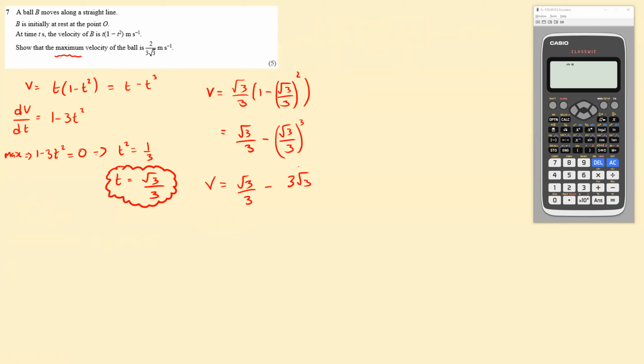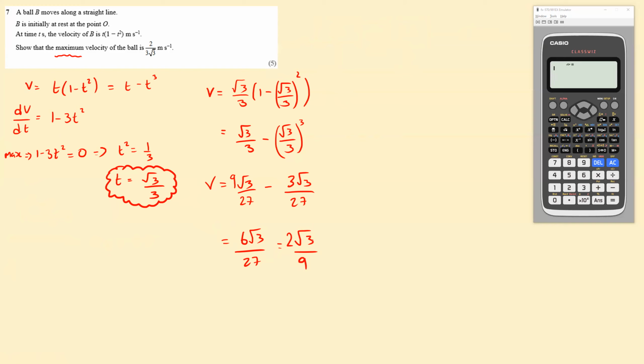Root 3 squared is 3, and we've still got the extra root 3, divided by 3 cubed, which is 27. So I'm going to change this to a 27 by timesing this by 9 at the top and 9 at the bottom. And 9 minus 3 is 6. So this is 6 root 3 over 27, which is equal to root 3 over, what's that going to be? It's going to be 2 root 3 over 9, and that's basically the answer.